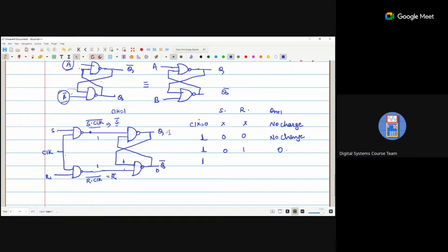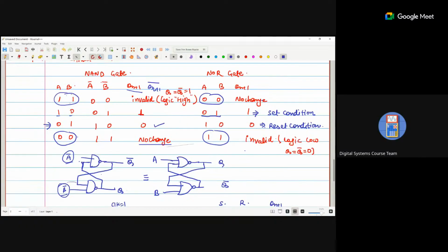When clock is 1, S is 1, R is 0. This is my input now. You can see this table, we already drew this table.